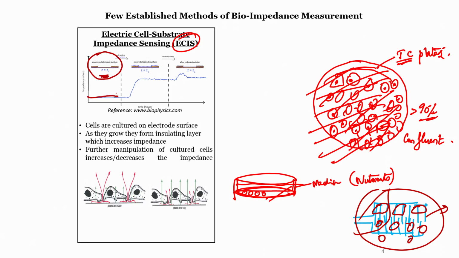Now when a lot of the cells obtain confluence, they cover most of the area of the electrode, so the impedance increases. Now let us say I do some manipulation by adding something or removing some cells, there will be a small perturbation in the impedance and then it goes back to another steady state. That is the cell manipulation that we are talking about.